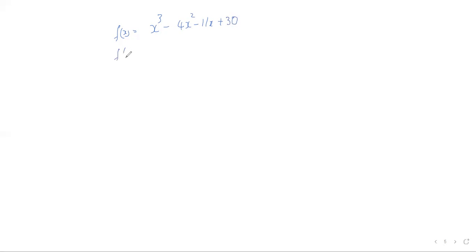And we said the derivative is 3x squared minus 8x minus 11. The second derivative finds the point of inflection where the graph changes from concave down to concave up, or concave up to concave down.